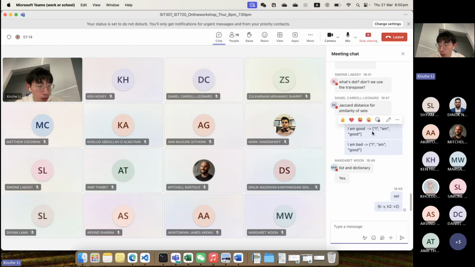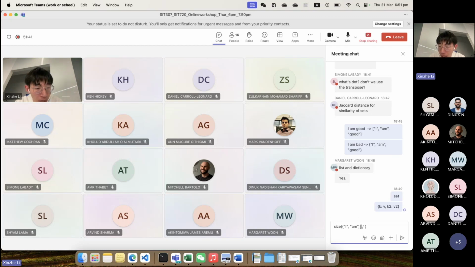For Jaccard distance, we will have a numerator and denominator. The numerator is the intersection of the sets. Intersection is the common elements. Here we have two common elements, I and M. So this is the intersection. I will calculate the size of this intersection.